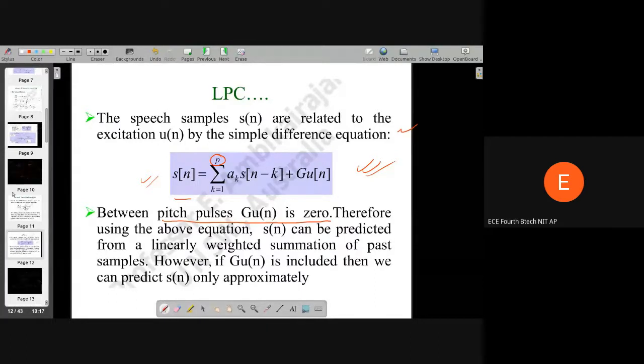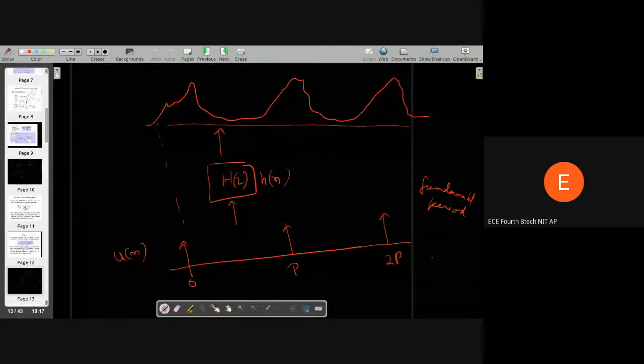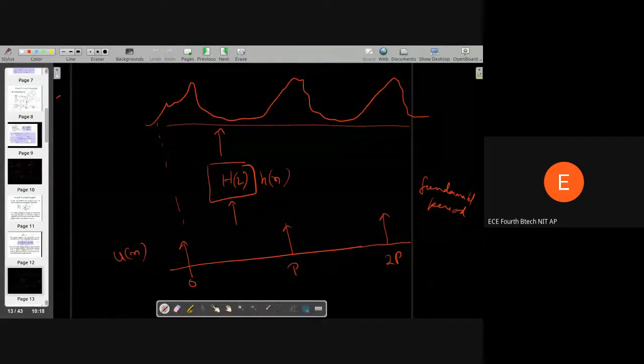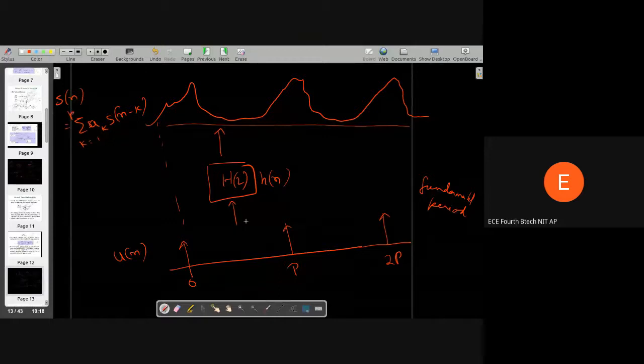So what happens is our equation comes up as S(n). If this is your n, the time axis is n.